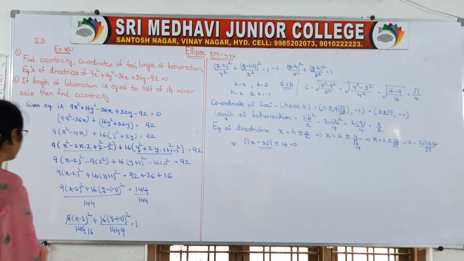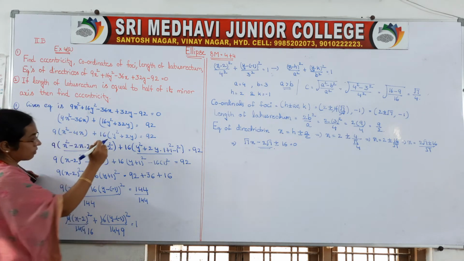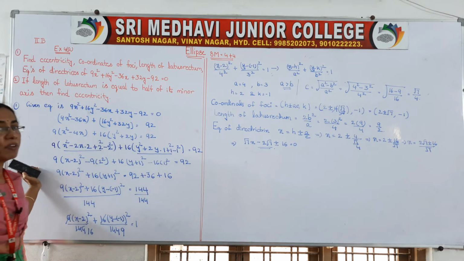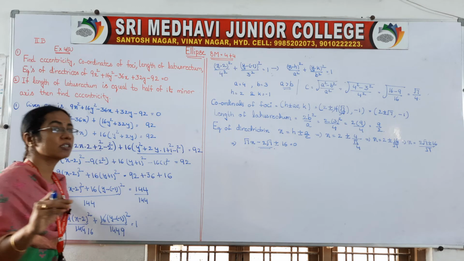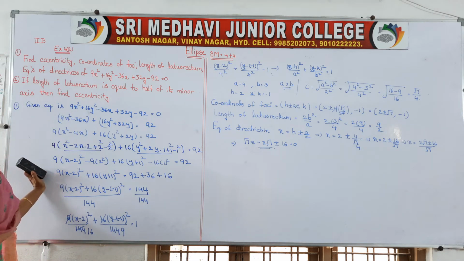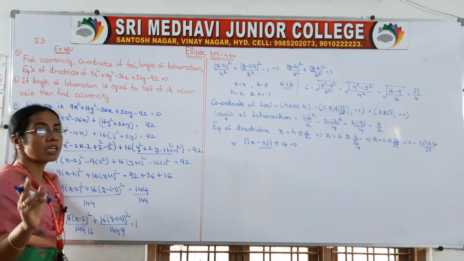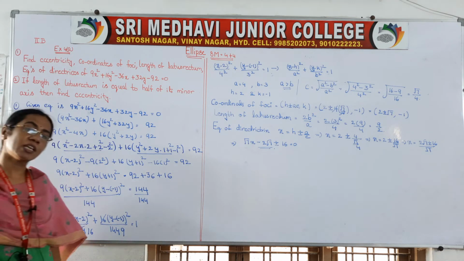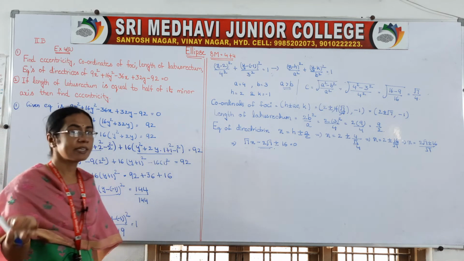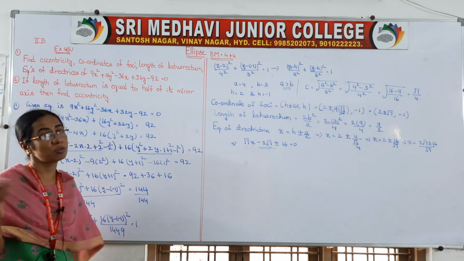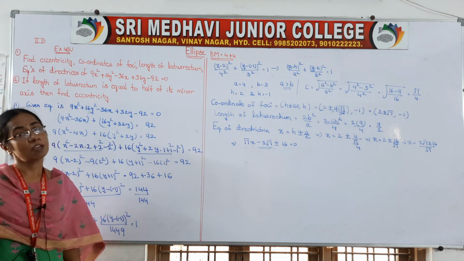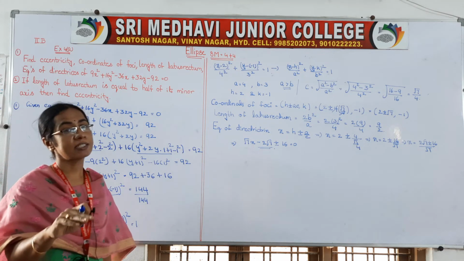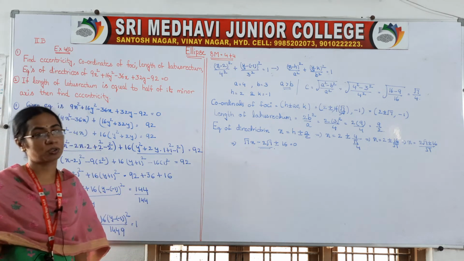So very simple. First reduce the equation into your standard form and apply the brain. Whenever you have an x square term, x term, y square term and y term, it can be of the third or fourth type. If only x square and y square are there, then it can be of the first or second form. To know the difference between third and fourth, if a is greater than b, it belongs to the third type, and if a is less than b, it belongs to the fourth type.